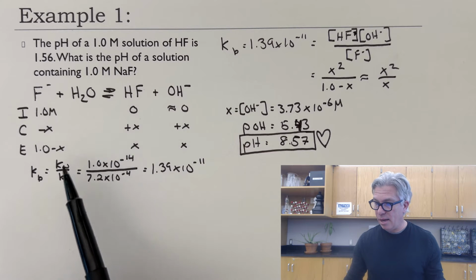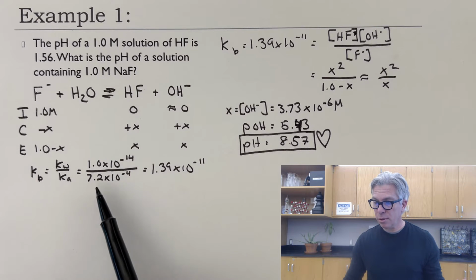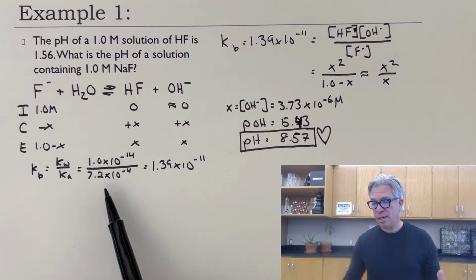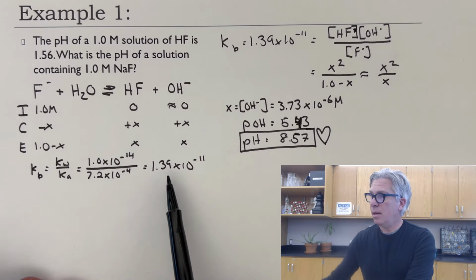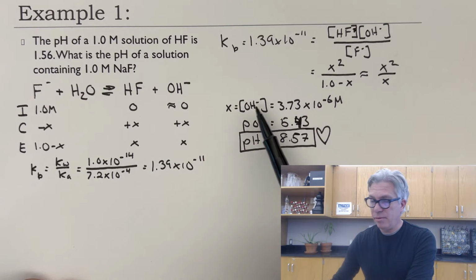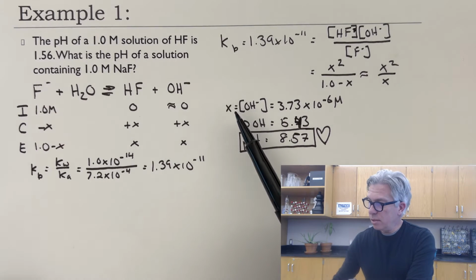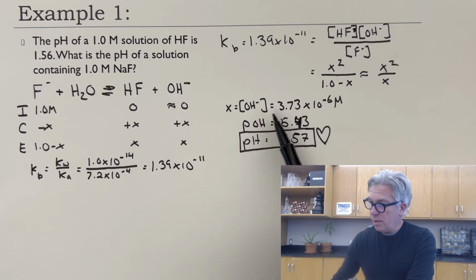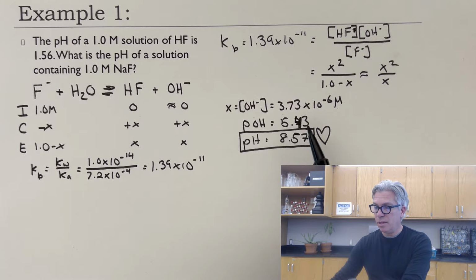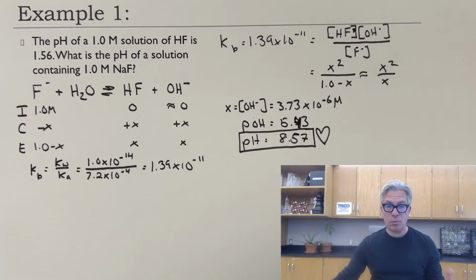I know that the Ka value for HF is 7.2 times 10 to the minus fourth, so Kw over Ka gave me this Kb value. I set it equal to the equilibrium constant expression and solve for x. If you need help on that, go back to the previous videos. And x is the OH-, which is 3.73 times 10 to the minus sixth, a pOH of 5.43, and a pH of 8.57, which makes sense.